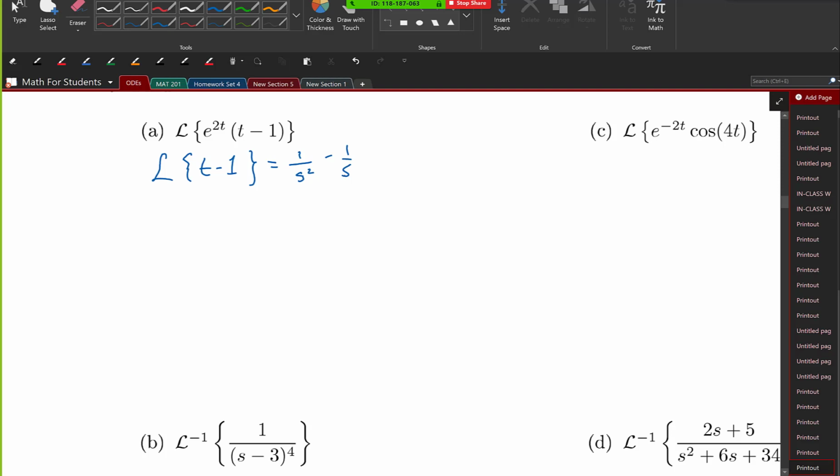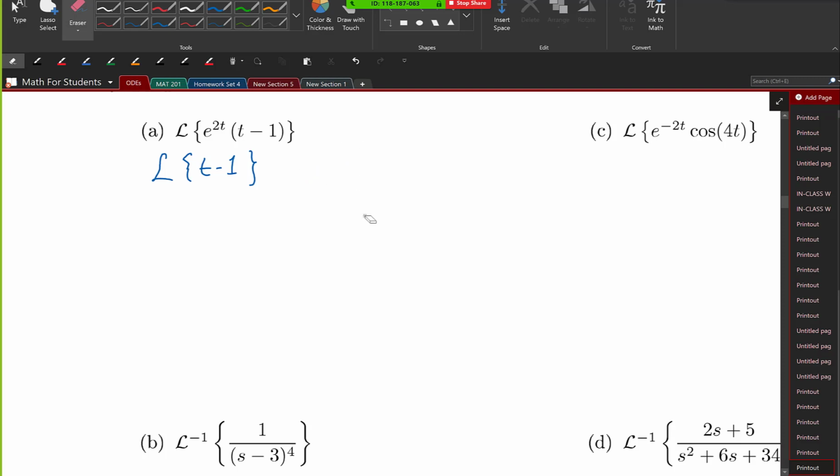What's the Laplace transform of 1? It's 1 over s. What's the Laplace transform of t? Well, it's t's power factorial, so 1 factorial all over s to t's power plus 1. And you're using the fact that it's linear there to distribute it. Yes, you're exactly right.